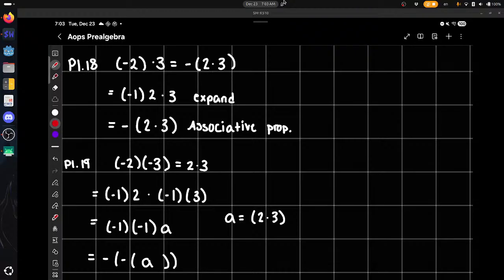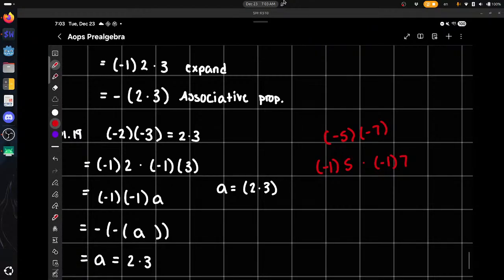Oh wait, if we go to the beginning of the book, they actually showed a problem where I was confused, but I think I finally get it now, because it's the same thing as this. When we take this out, we're left with this, which means that we can now group it like this.